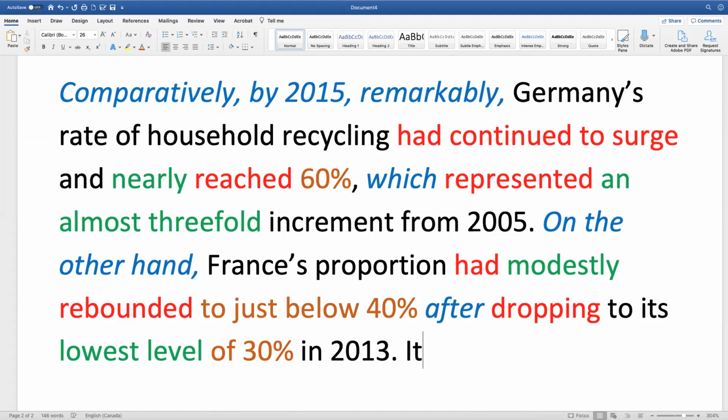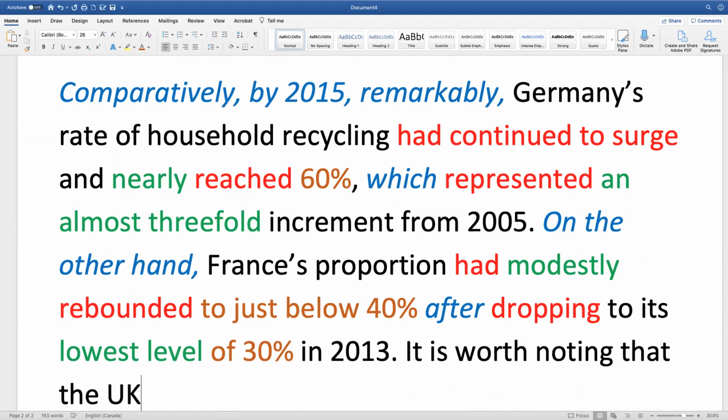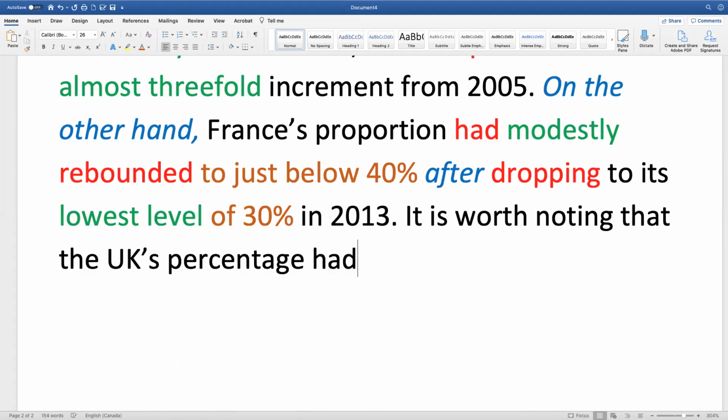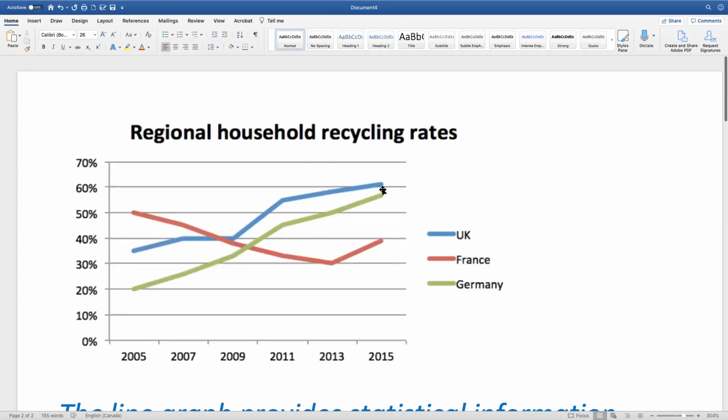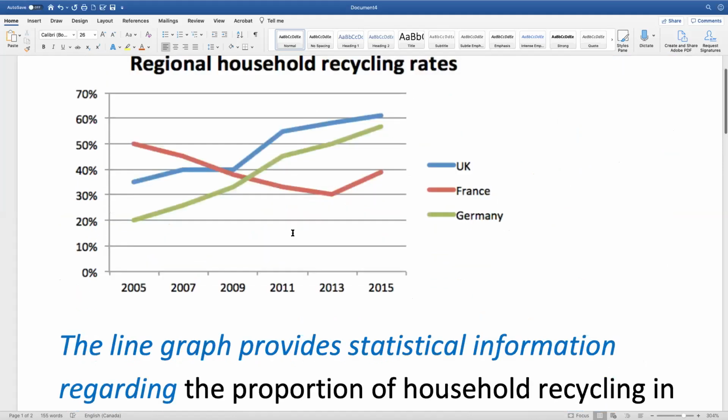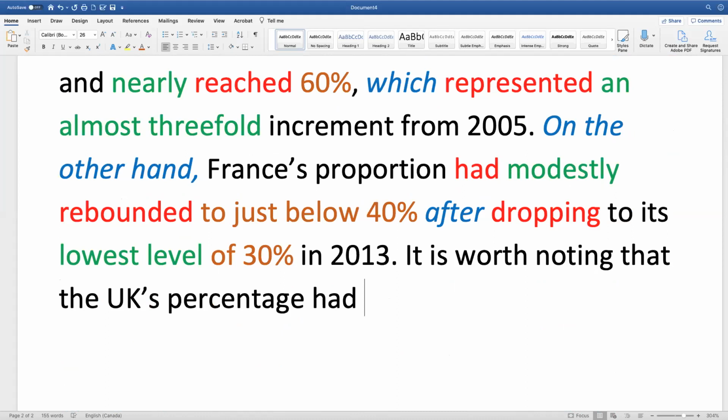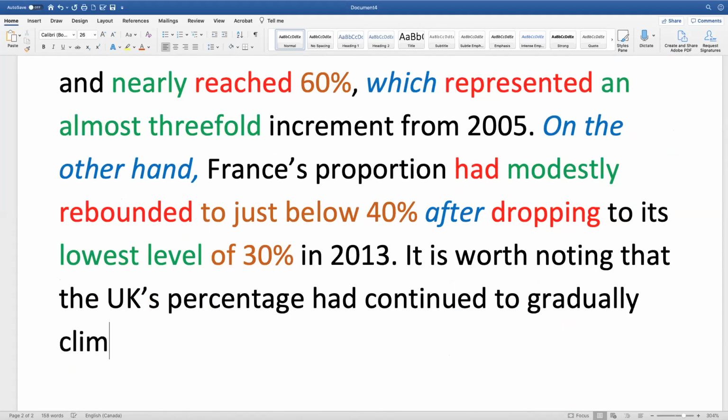Let's see the last one. It is worth noting that the UK's had to gradually climb.